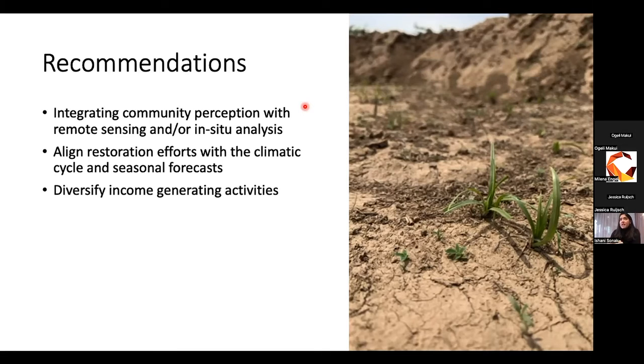But this leads to another recommendation, which is that in case there is extreme drought and grasses are not going to crop up instantly, it's better to diversify the restoration efforts or the income generating activities, so that not all the onus of livelihood or income generation lies on one particular restoration effort, but can be diversified into many, which was the case in this particular project.